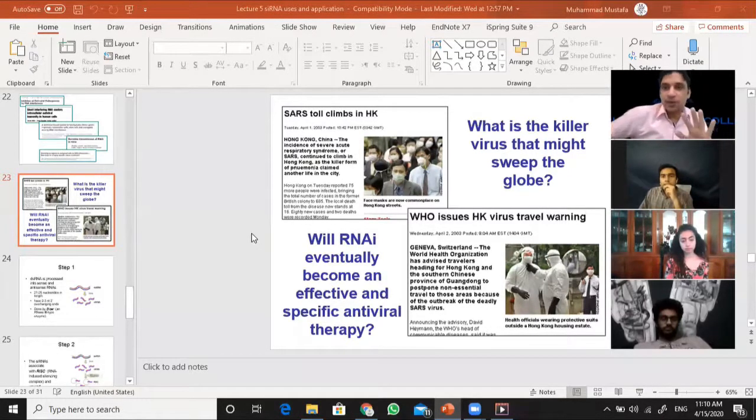I can tell you that SARS-CoV-2, commonly called coronavirus, is not going to create a doomsday. You will survive. It will not sweep the globe, but it actually shakes the world. It lets us know how powerful one particular virus can be.